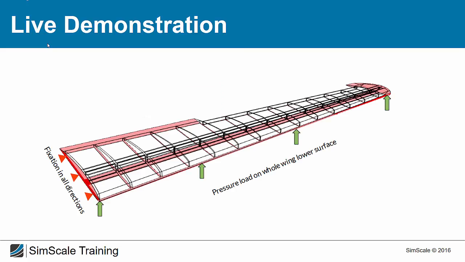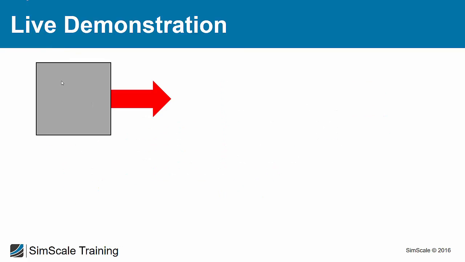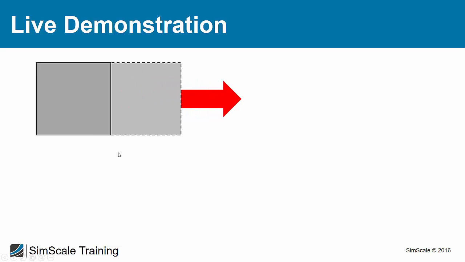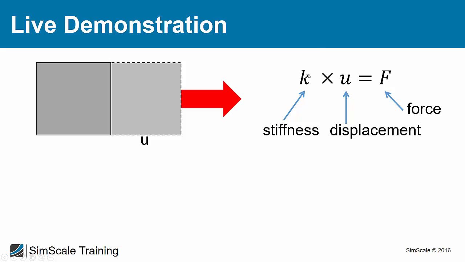So if we take a look at this metal cube, and you apply a force on this metal cube and fix the other side, then you have a displacement, let's call it U. Then you can use a formulation which says the force, here in red, is equivalent to stiffness multiplied by displacement.